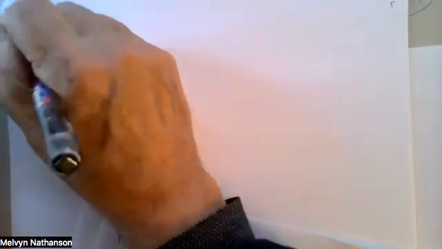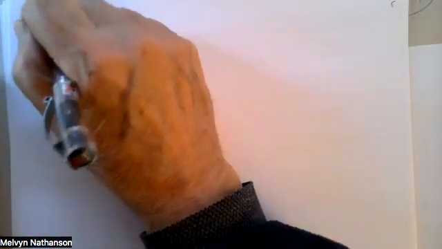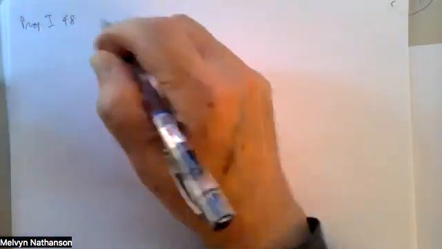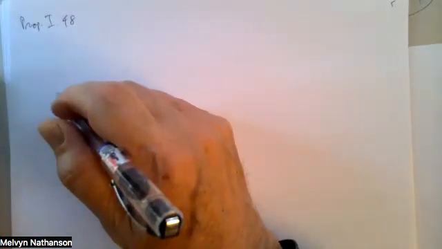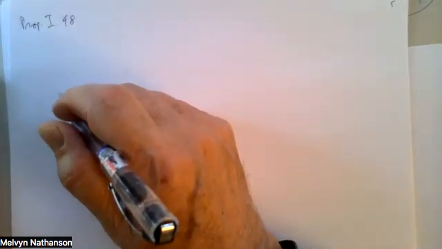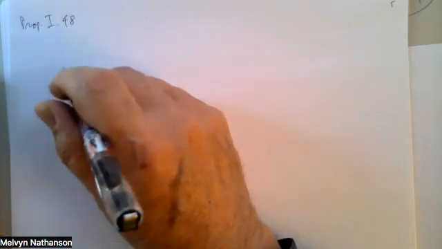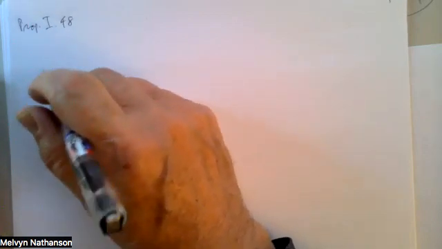And the last proposition, if number 47 is next to last, the last one has to be number 48. It says, if you have a triangle, let me just draw it like this.